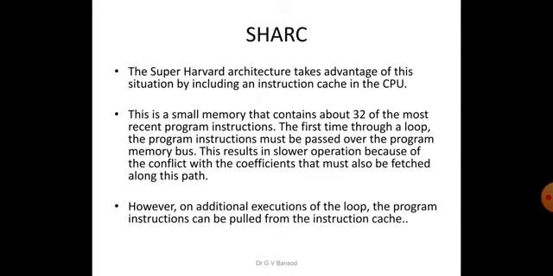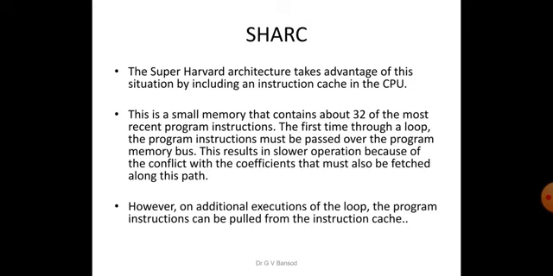So the super Harvard architecture takes advantage of this situation by including an instruction cache in the CPU. So what is this instruction cache memory? It's a small memory that contains 32 of the most recent program instructions.